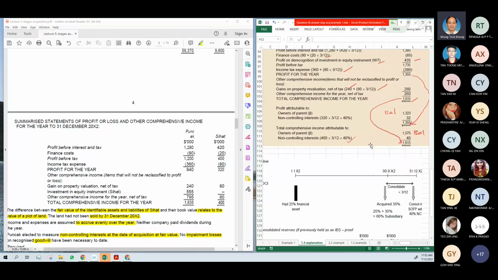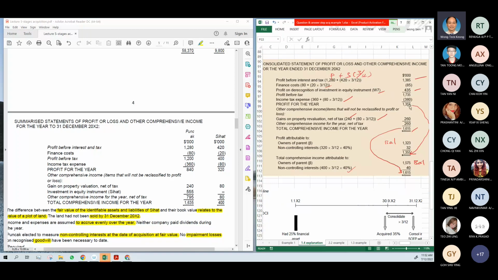Same thing when we do the profit, we copy down the profit first, then compute NCI: 320 times 3 over 12 times 40%, NCI on the profit. For total comprehensive income, use 400, 3 over 12 times 40%. So the balancing will be profit for the owners of the parent.